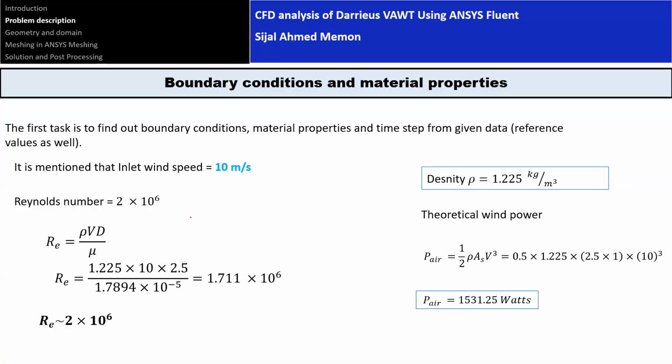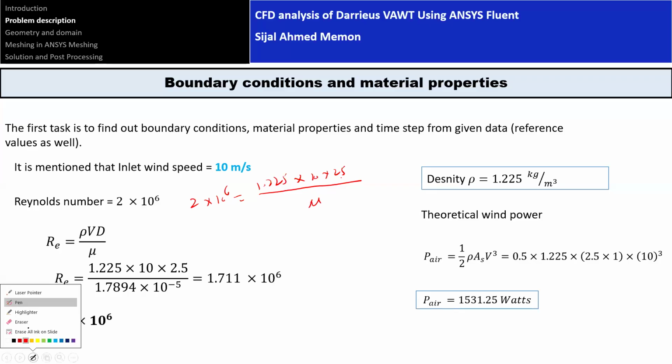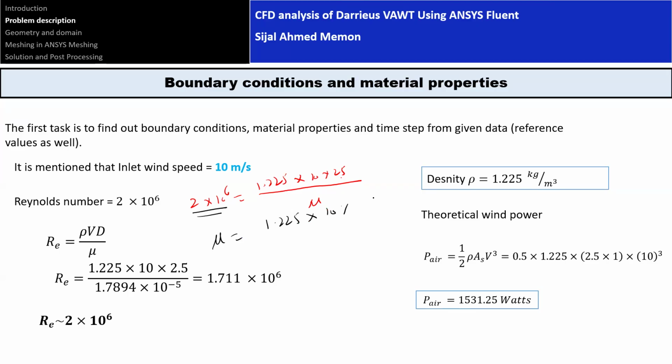My idea is that I will keep the same density and the same Reynolds number. So I will put a formula like this: 1.225 times 10 times 2.5 divided by viscosity. We should calculate the viscosity that gives us the 2 million Reynolds number. So mu is equal to 1.225 into 10 into 2.5 divided by 2 into 10 power 6.